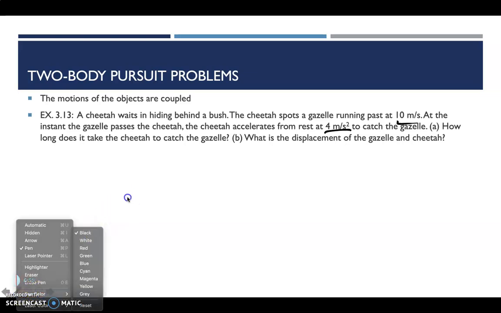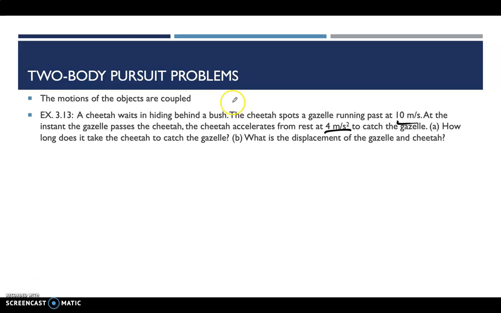Okay, so I can use two different equations. My acceleration of the gazelle is 0, right? Because it's moving at a constant speed of 10 meters per second.